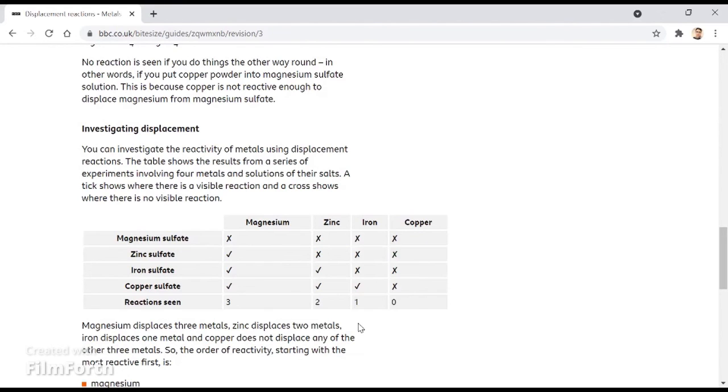Now leave 5 or 6 lines space. Next, magnesium displaces all the other 3 metals. Zinc displaces 2 metals.